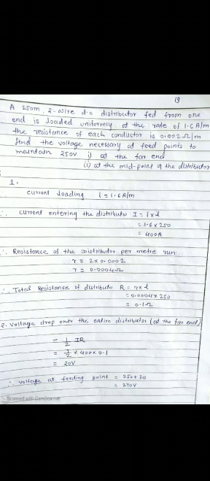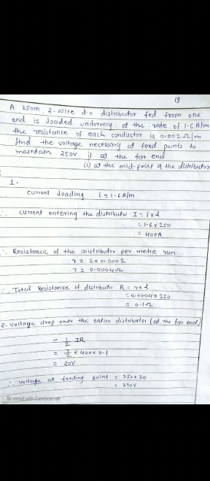You have to take the resistance of each conductor as 0.0002 ohm per meter. Okay, so this is the problem of a distributor fed at one end with uniform loading.